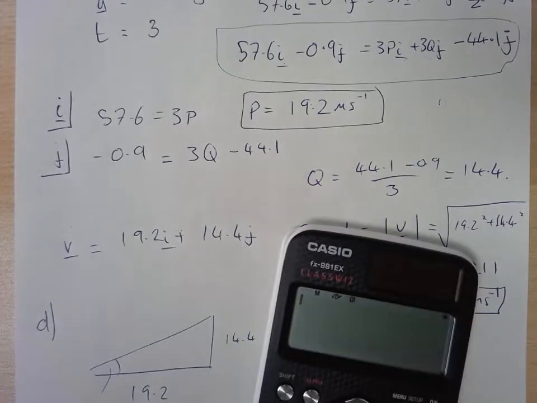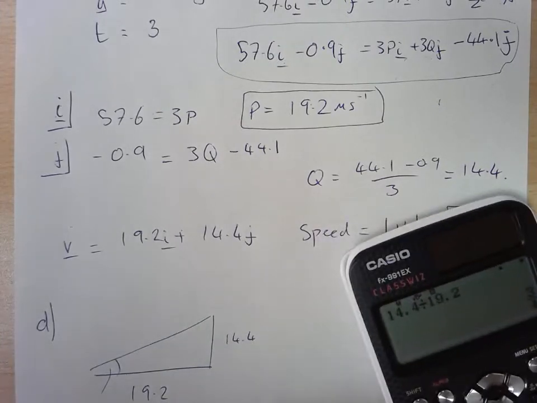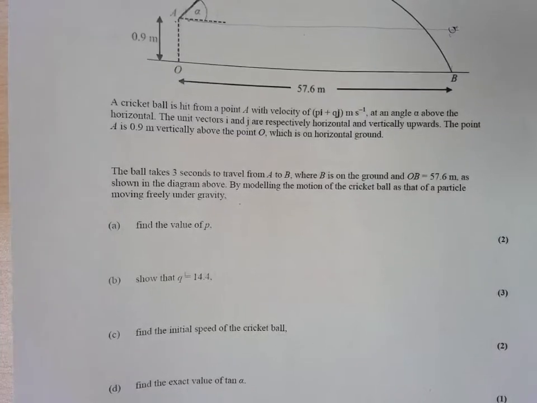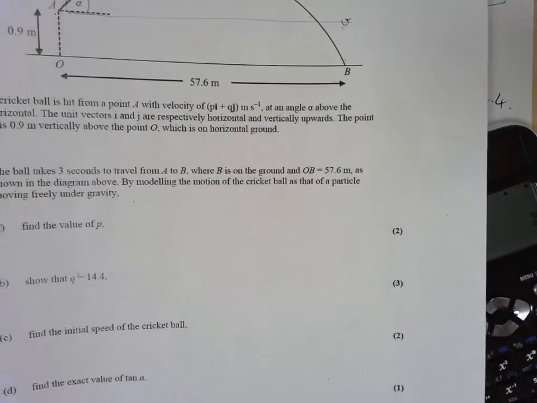So if I do 14.4 divided by 19.2 on a calculator, I get 3/4. We could do tan minus 1 to find this angle, but we're asked in the question to find the exact value of tan alpha, so we're not going to go any further, and it was only 1 mark.